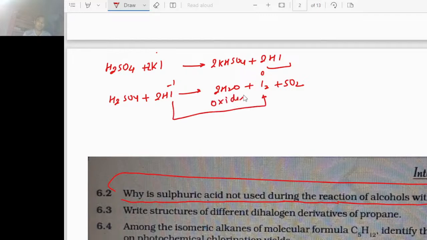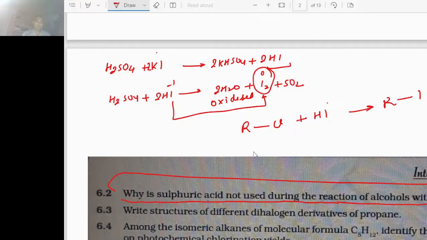And to react with the alkyl halide, student, suppose we have RCl, and if you are treating with HI, it can go RCl to RI plus HCl. But what is there, student? In the reaction, I2 does not react, student.